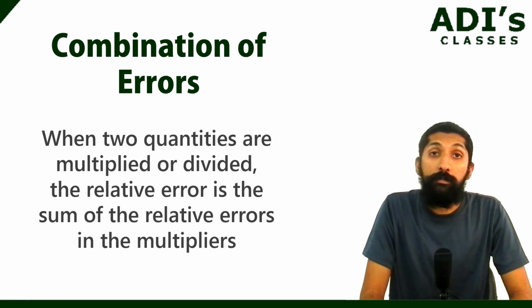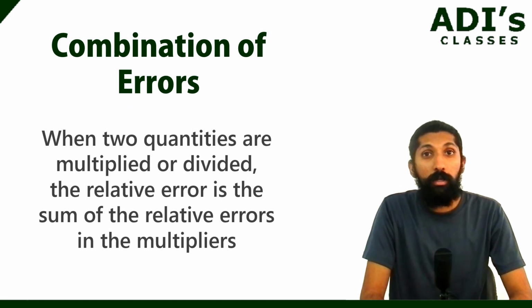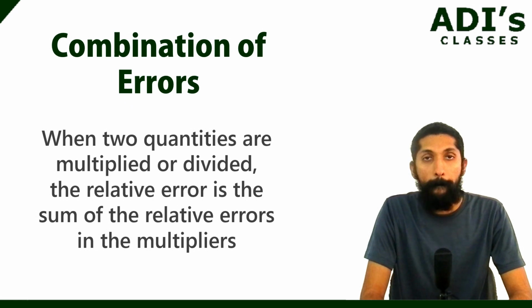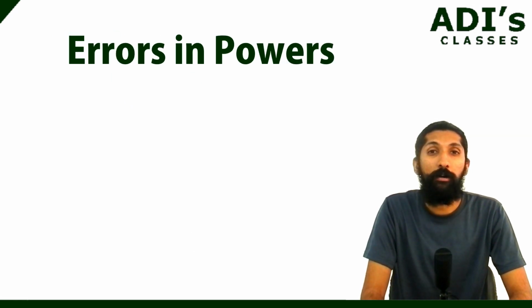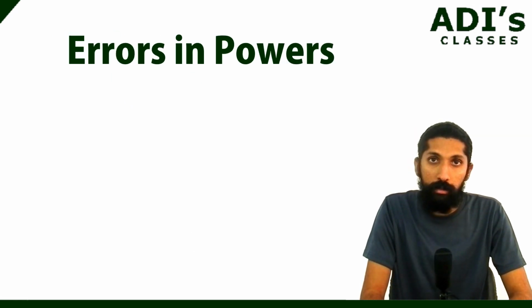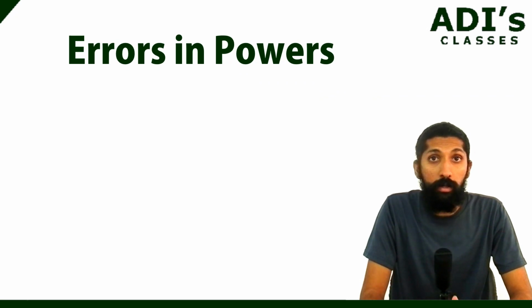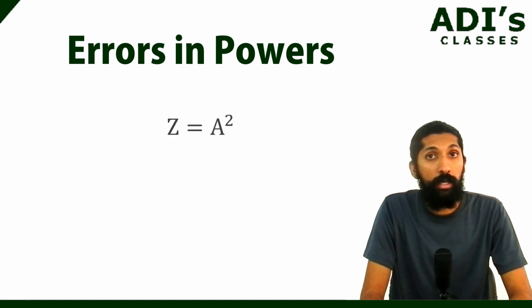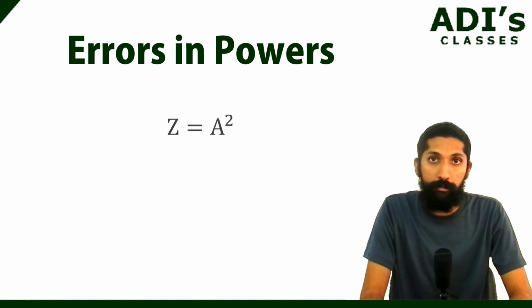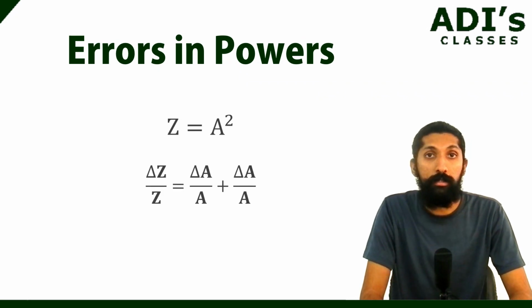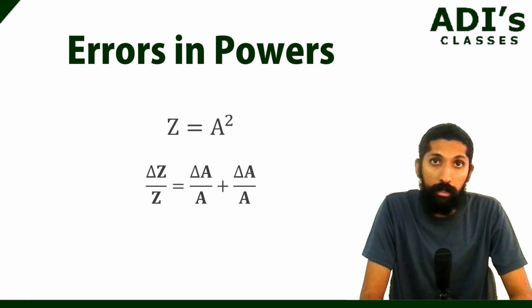Alright. The next basic operation in arithmetic is what? Raising to the power of some number, correct? Now let's take an example. Let's say you have a physical quantity A, where Z is equal to A square. Now what is A square? A into A, correct? Now if you take delta Z, that is you are trying to calculate the error.